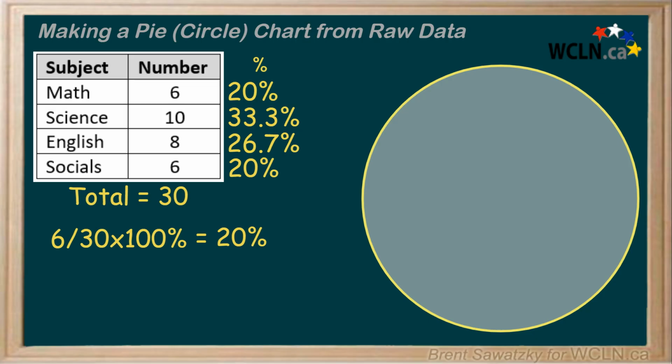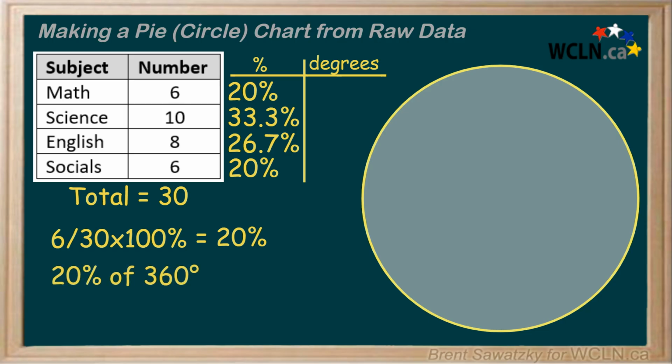So from here, we convert percentage to degrees. For math, we would go from 20% to degrees by determining 20% of the total, 360 degrees, or 0.20 times 360 degrees, and we get 72 degrees.